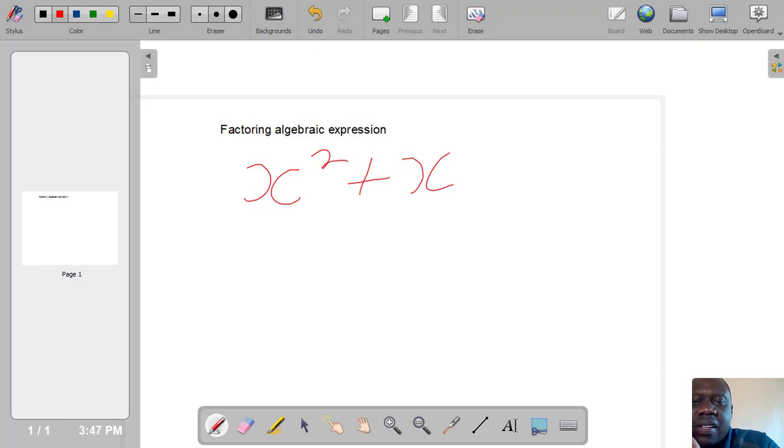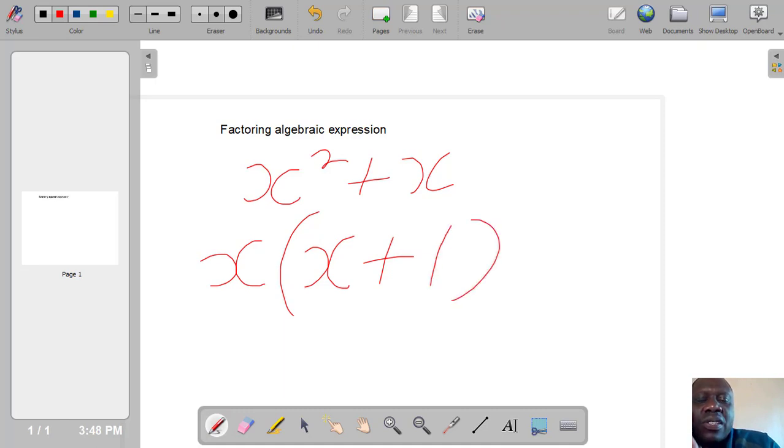And as you can tell, x is common in both, so you're going to put a bracket. If we divide x squared by x, you're going to have an x inside the bracket. Then you put your plus sign, and when you divide x by x, you get 1. So if you factorize x squared plus x, you are going to arrive at x into bracket x plus 1.